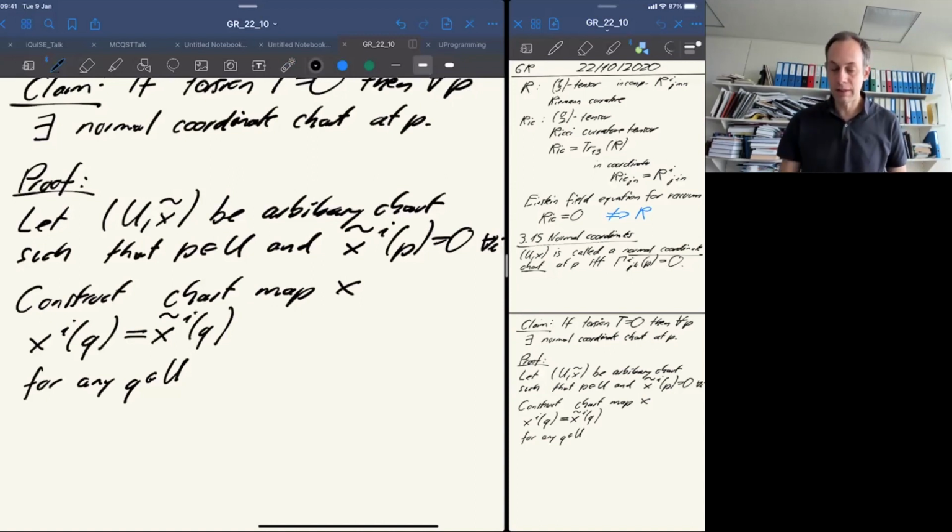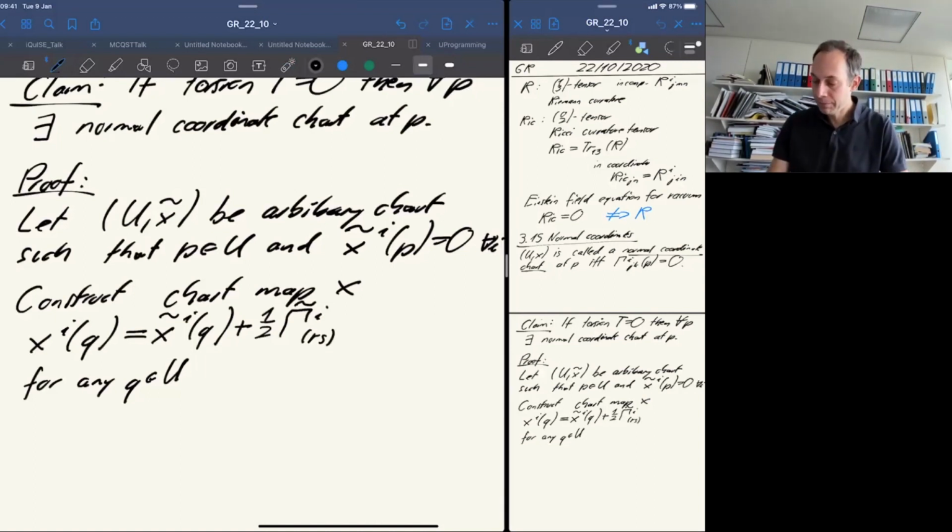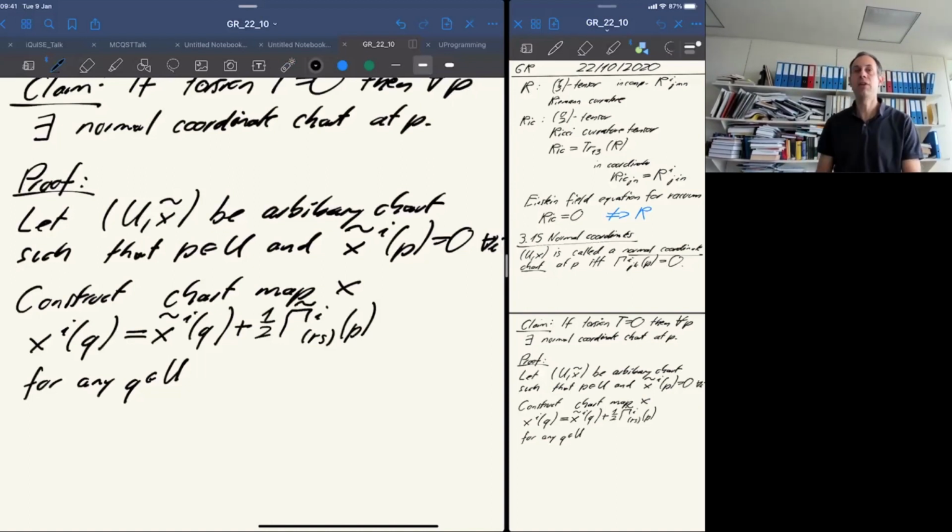And then I say, there should be a small correction to it. And the correction is actually to quadratic order. The correction I give explicitly in terms of the gamma symbols, or more precisely, the symmetrized ones. Remember this round bracket means I symmetrize things at the point P of the tilde coordinate chart. The tilde chart is just an arbitrary chart, so it also has arbitrary non-vanishing gamma symbols in general.